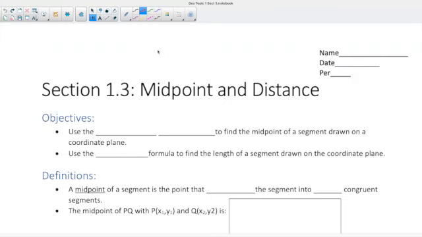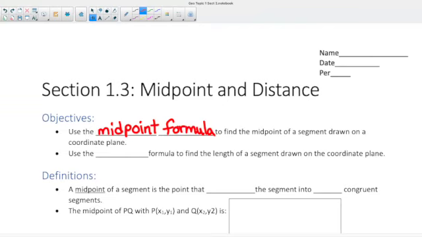Today we're covering section 1.3, midpoint and distance. Our objectives today: use the midpoint formula to find the midpoint of a segment drawn on a coordinate plane.